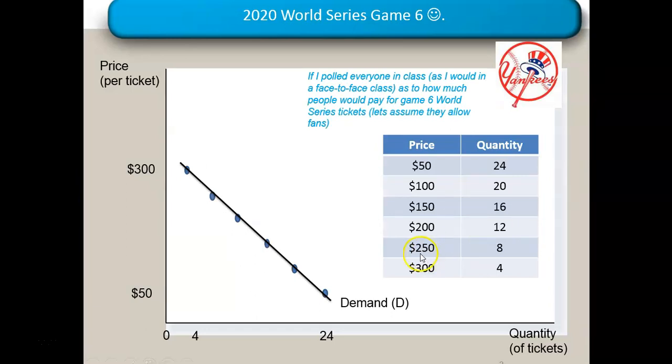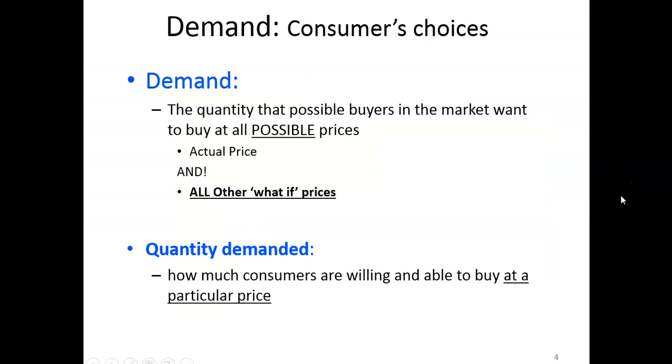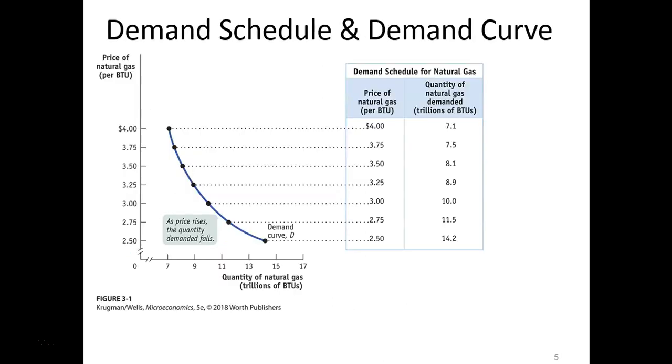So I said that the Yankees are charging $250, so the quantity demanded at a price of $250 is eight tickets. But a price of $100, even though it's not the actual price in this hypothetical example, also has a quantity demanded of 20. So demand is the whole thing; quantity demanded is at a specific price.